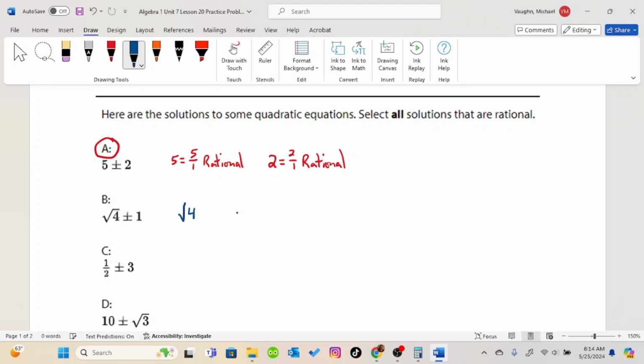The square root of 4 is plus or minus 2, which can be written as plus or minus 2 over 1, so this is rational. 1 can be written as 1 over 1, so it is also rational. And if I'm adding two rational numbers together, I'm going to get a rational number for my answer.